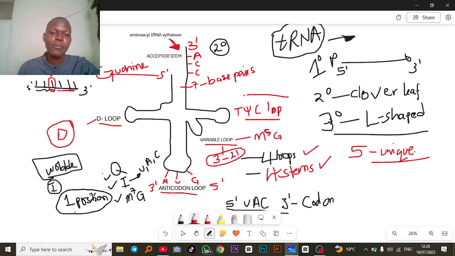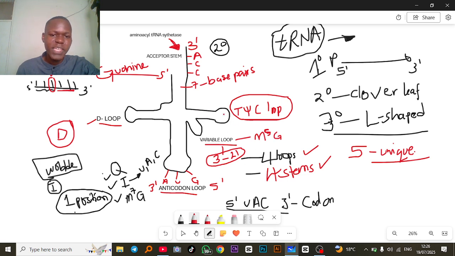That's why you'll find some questions asking you the unique base that's found in tRNA. It's thymine, which is found in tRNA. So what is the importance of this loop? It's important for ribosome recognition. This is what is recognized by the ribosomes. That's the loop that's recognized.